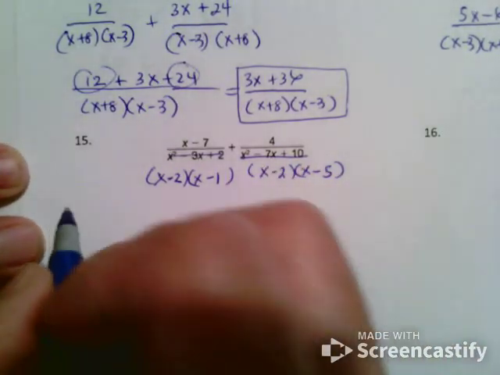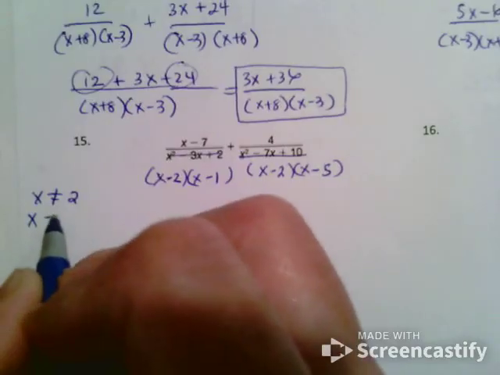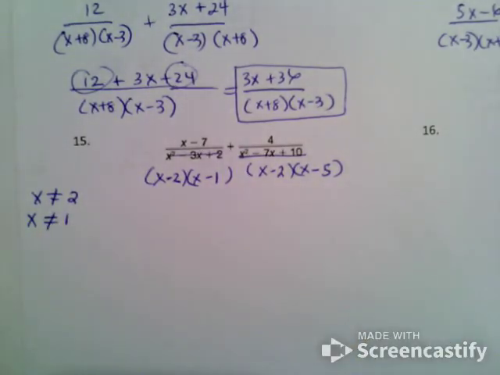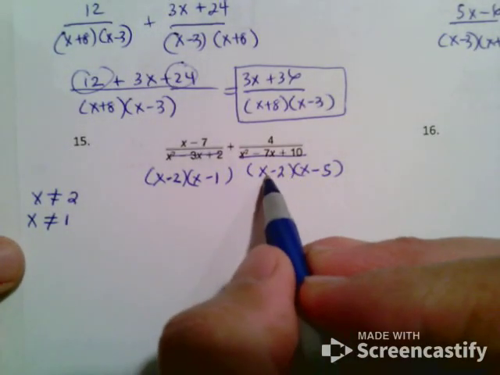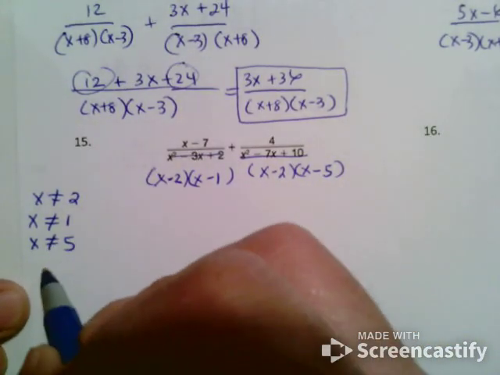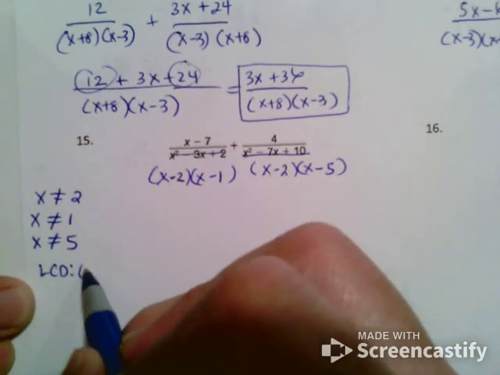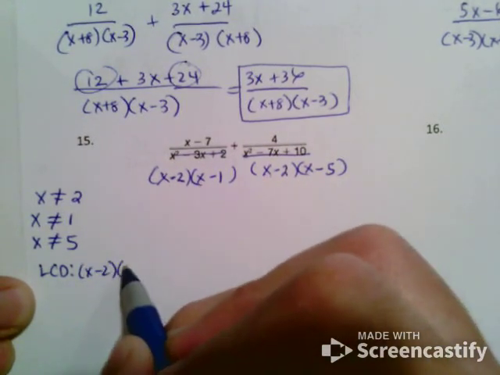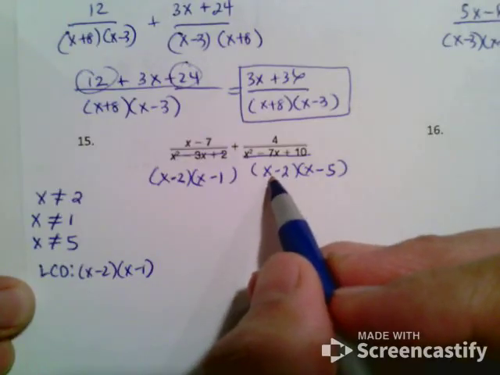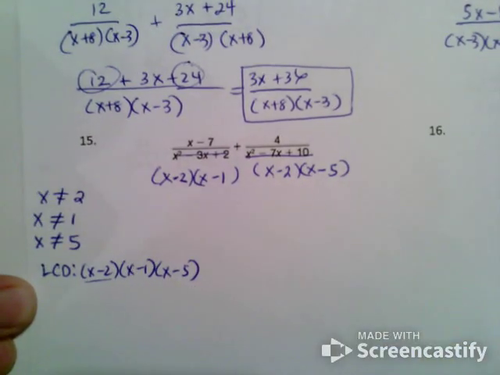Okay, and then our restrictions are x cannot be 2, x cannot be 1, x cannot be 2, and x cannot be 5. Okay, the LCD is x minus 2, x minus 1, x minus 2, and x minus 5.